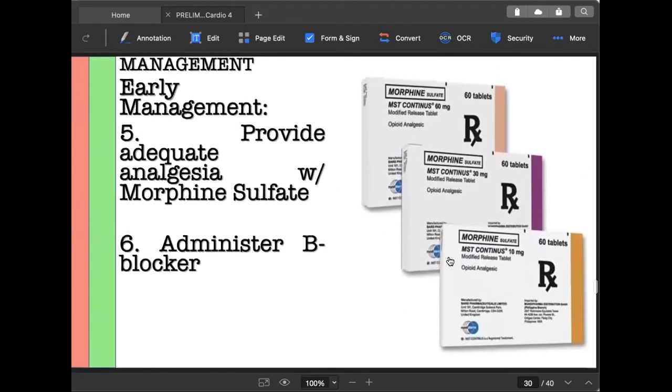The next one is to provide adequate analgesia with your morphine sulfate. However, you need to watch out for respiratory distress and hypotension with this medication. Administer beta blockers, which may diminish myocardial oxygen demand by reducing your heart rate, systemic arterial pressure, and your myocardial contractility.